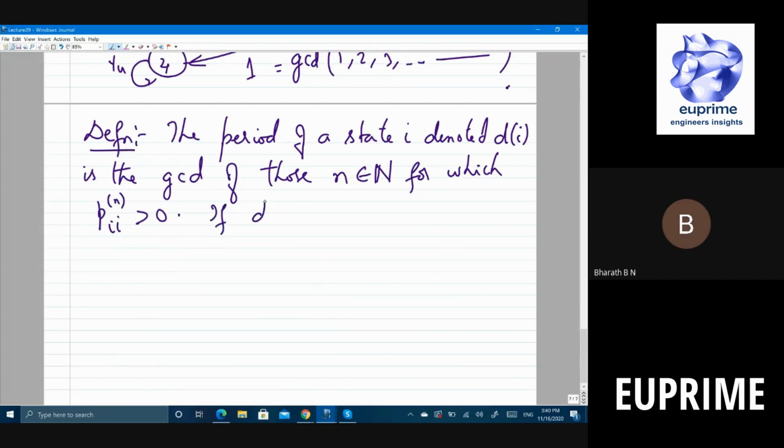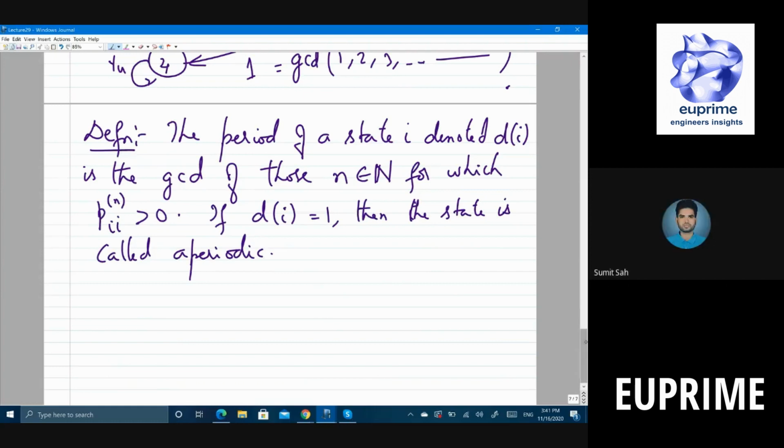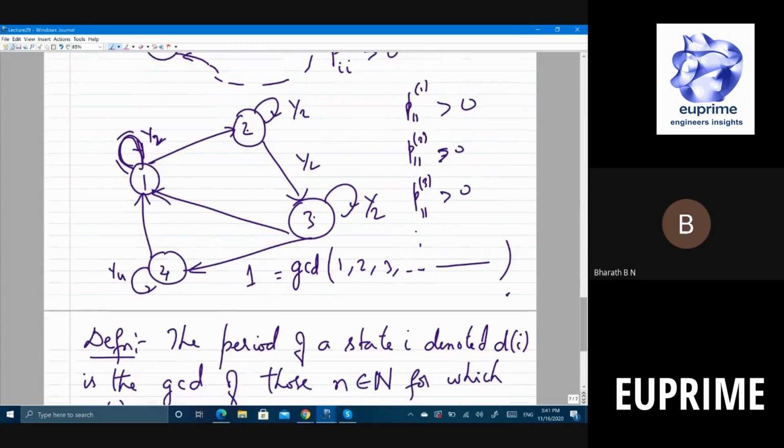If d of I equal to 1, then the state I is called aperiodic. Otherwise it's called periodic. Is that fine, everyone?